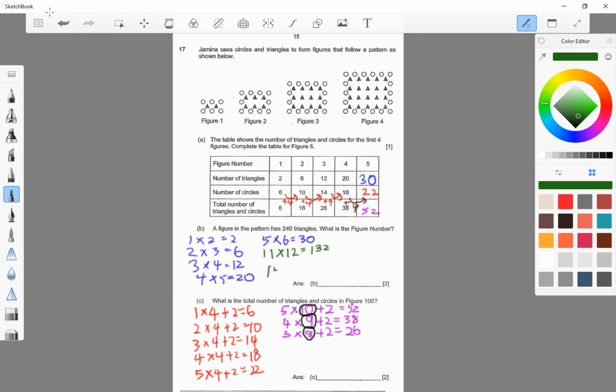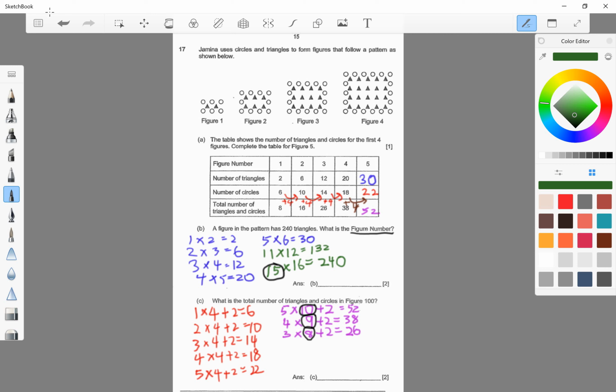Okay, 15 multiplied by 16. So once I key this in, lo and behold, this is actually the answer. Wow. So 15 times 16 gets me to 240, and they are asking me for figure number. So figure number in this case has got to be 15. Okay, 15. So figure 15, when it's figure 15, there will be 240 triangles.